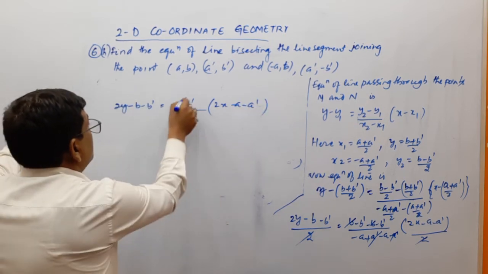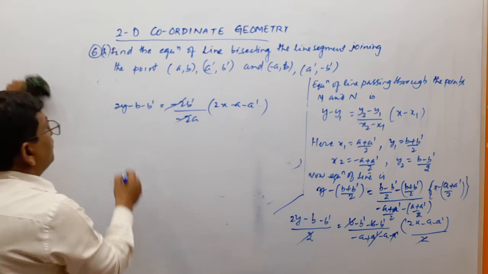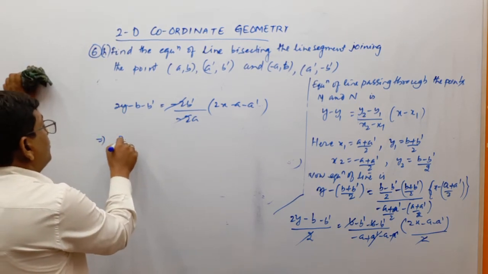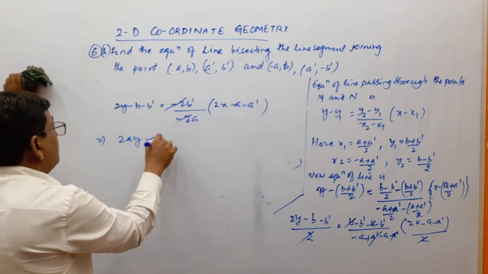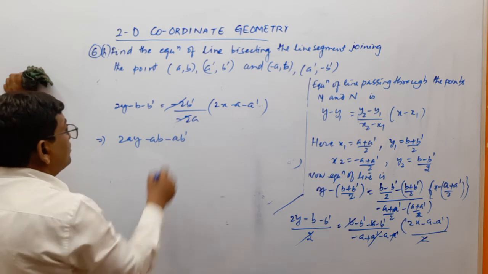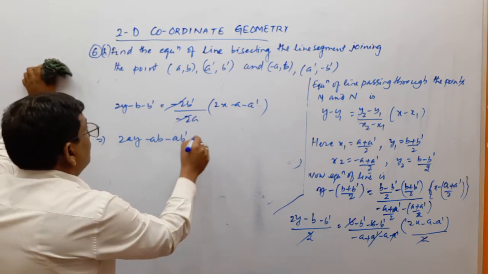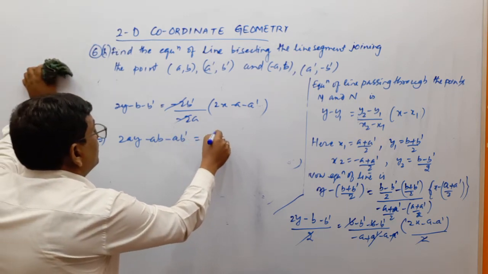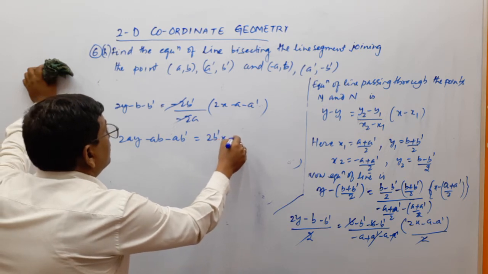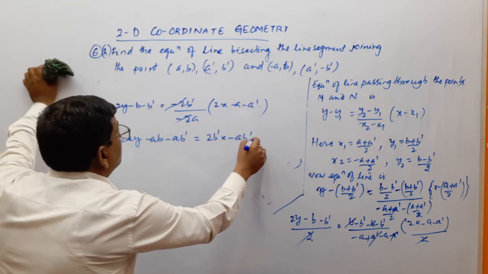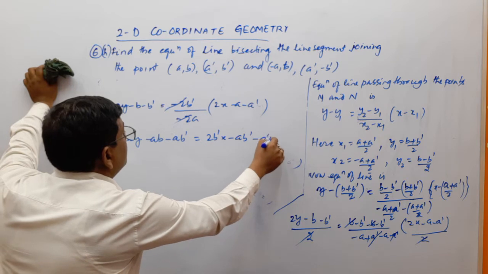So 2 minus 2 cancel, that implies 2ay minus ab dash is equal to 2b dash x minus ab dash minus a dash b dash.